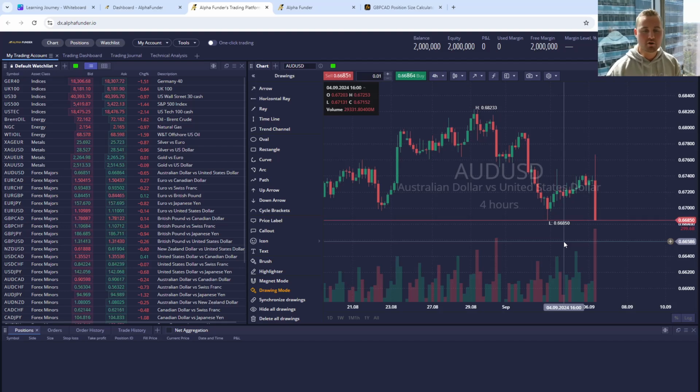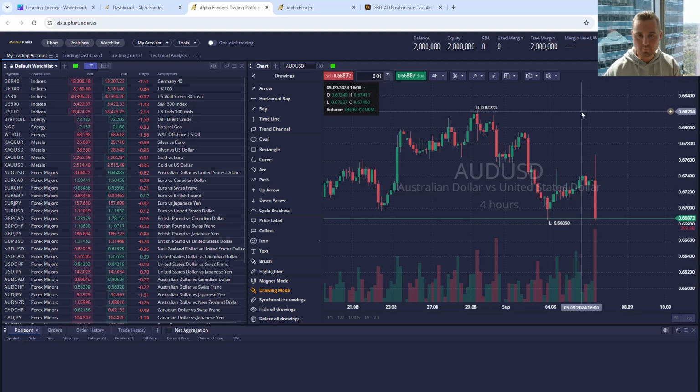So to make matters very simple, hedging is just doing the opposite of what you originally did on a current currency pair like AUD USD. You can buy and sell, that's a hedge. Or you can use that with correlation and hedge that way. If you currently are in an AUD USD short, but you also look at USD CAD, which is inversely correlated, it will likely do the opposite.